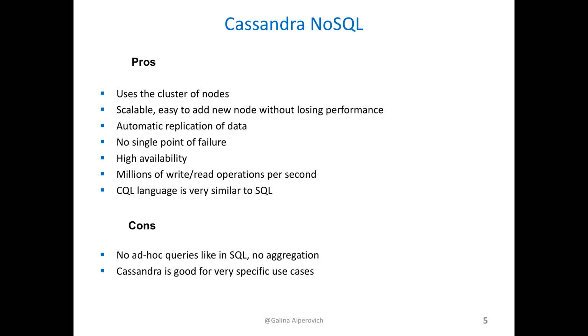There are no familiar aggregation methods, no ad hoc queries, no complicated column manipulation, because it's a key-value storage and it uses a different model. So Cassandra is very good for some specific use cases, for example for time series and some sequential data. But in the general case, you need to think about what kind of database to use. Maybe it's better to use an SQL database.